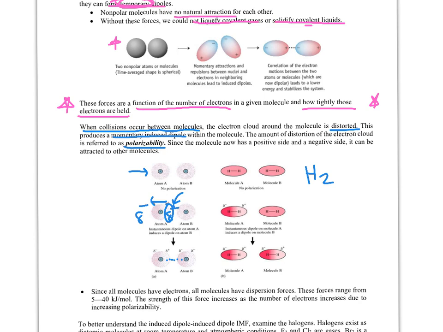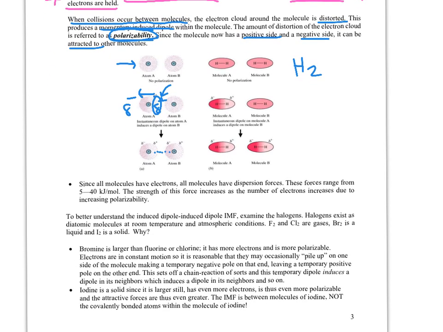It'll appear and then disappear very quickly, but it keeps them attracted to each other. The molecule now has that positive side and the negative side, so that's why it's attracted. But polarizability is an important word to know. The more distortion you have of the electron cloud, meaning when the electrons get shifted more to one side, it's considered more polarizable.